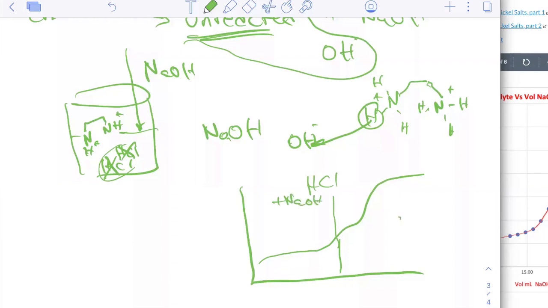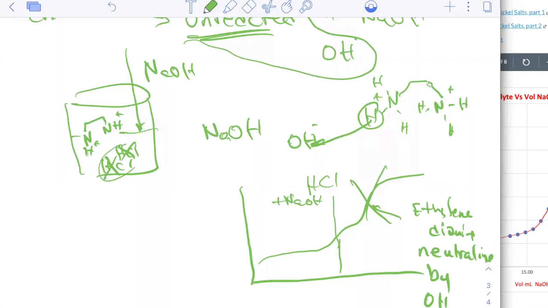This equivalent point right there is where the ethylene diamine is neutralized by the hydroxide. You don't want that. You want this first one, okay? Because once you know the moles of the base here, then you know the moles of the acid unreacted.